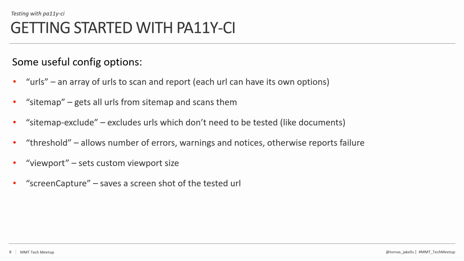That means that if you use a sitemap option, we don't get that flexibility, so URLs is more flexible. We can set, for example, some viewports if you wanted to run on mobile and desktop and tablet, for example.